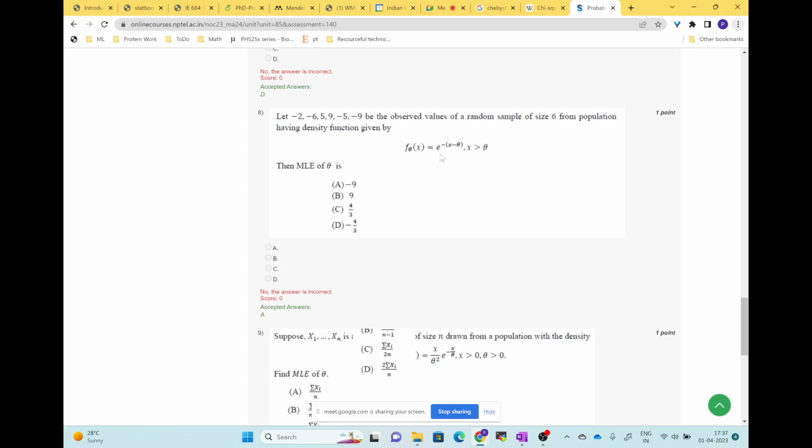So it is different for each; you want the theta which is the lowest one.